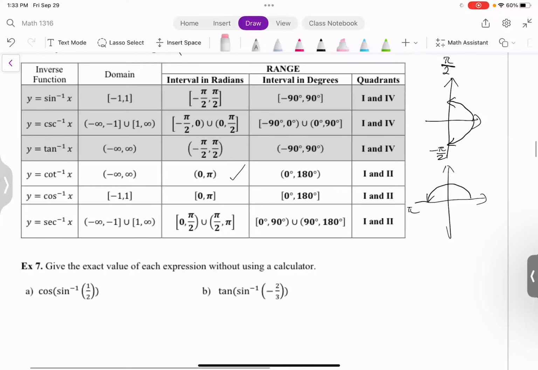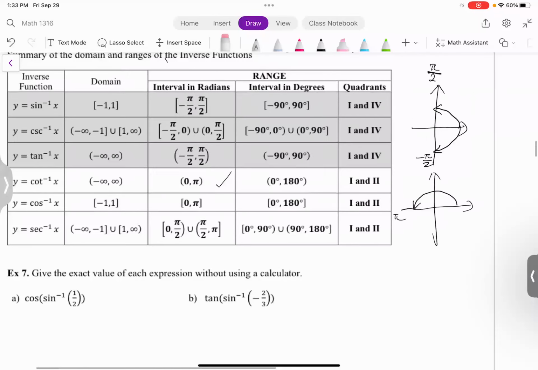And how about cosine? For the inverse of cosine, the domain is between -1 and 1, and the interval is between 0 and pi. It's still the first and second quadrant. We rotate from the initial side to pi. And for the inverse of secant, the domain is from -infinity to -1 union 1 to infinity.